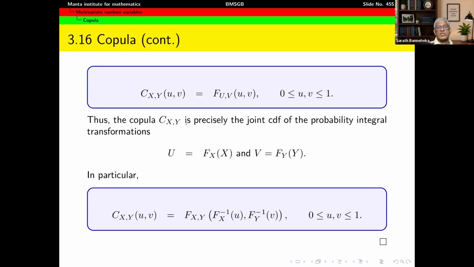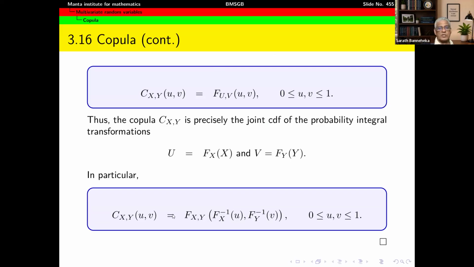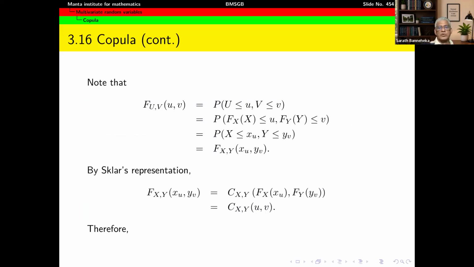Thus, the copula C_XY is precisely the joint CDF of the probability integral transform. Because these are called probability integral transforms, right? These functions, because U is equal to F_X(X), this came from this expression here. So C_XY(u, v) is equal to F_UV(u, v), but F_UV(u, v) is equal to F_XY evaluated at (x_u, y_v).